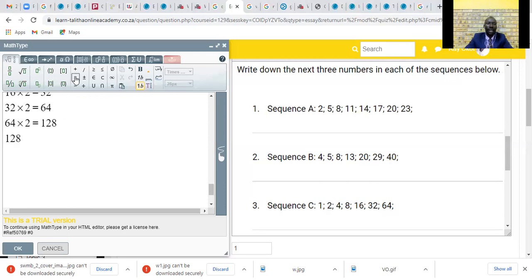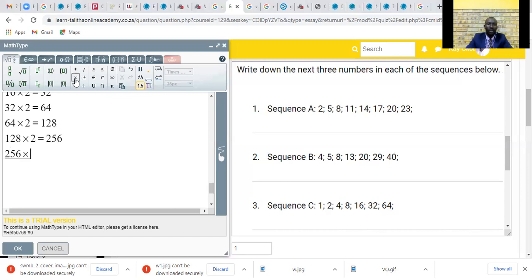128 times 2. That should give us the value of the next term. And what is that? Well, 128 times 2 will give us 256. That is 256. And onto that, we can have 256 times 2.